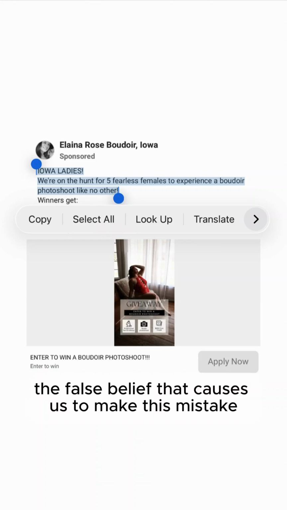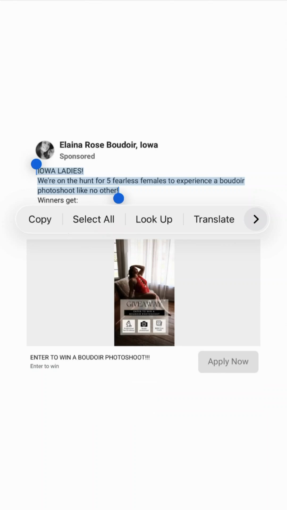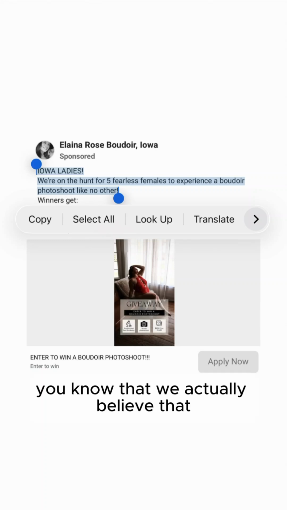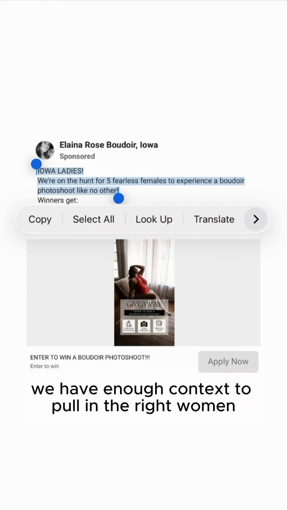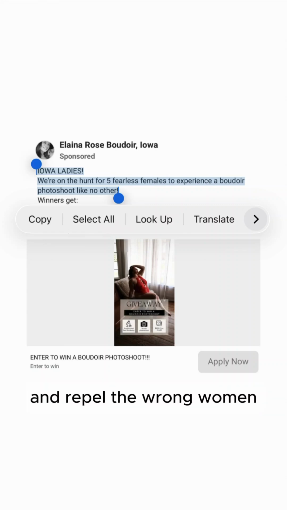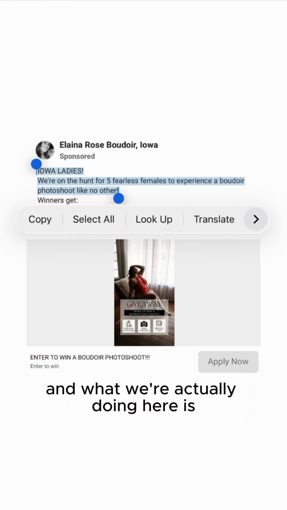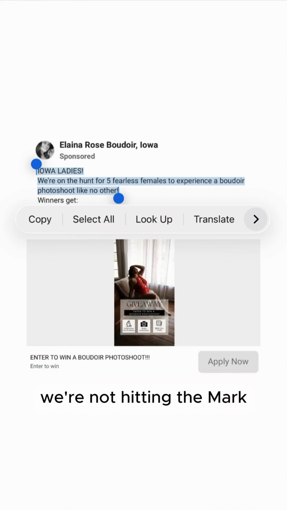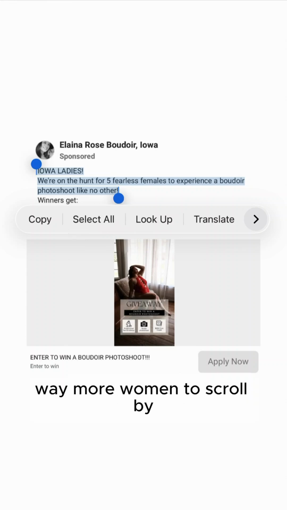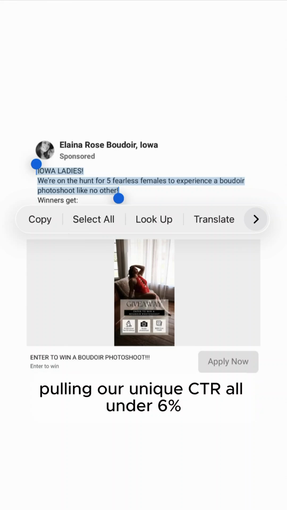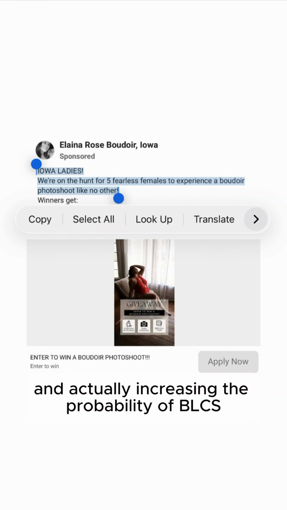The false belief that caused us to make this mistake is that we actually believe we have enough context to pull in the right women and repel the wrong women in the most optimized fashion. What we're actually doing is not hitting the mark, causing way more women to scroll by our Boudoir Facebook ad than necessary, pulling our unique CTR under 6%, and increasing the probability we have BLCS.